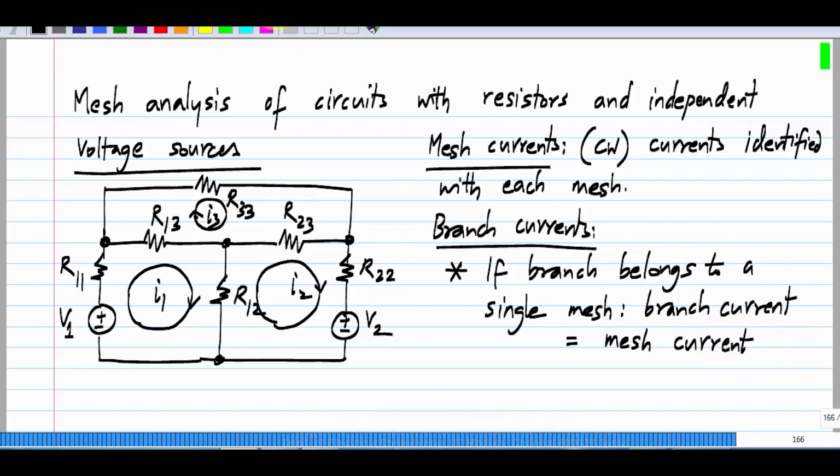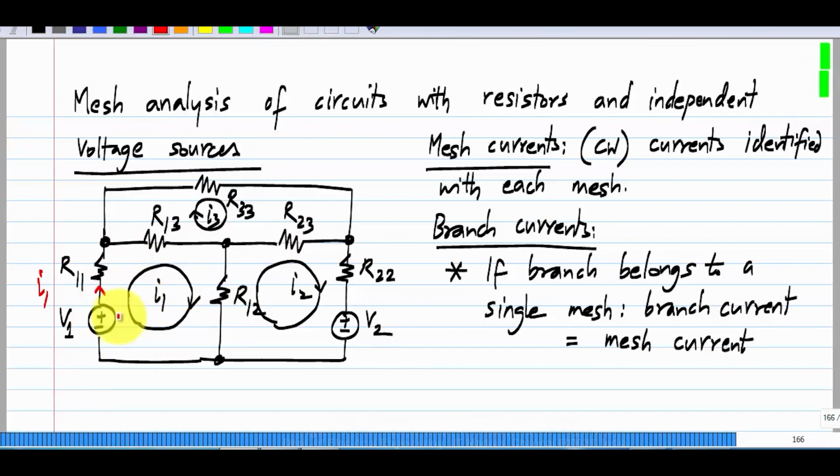Let me identify those. So the current through R11 in this direction will be I1. We have not calculated the value of I1, mind you, that will come later, but I am only relating the current in each branch to mesh currents. I've already identified the mesh currents.